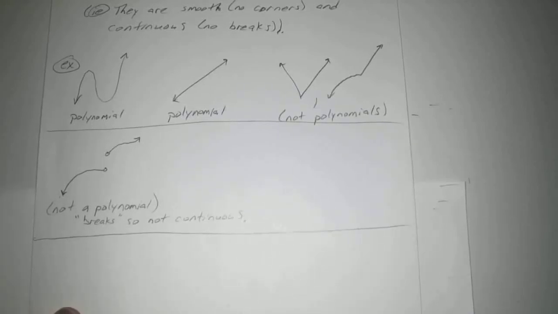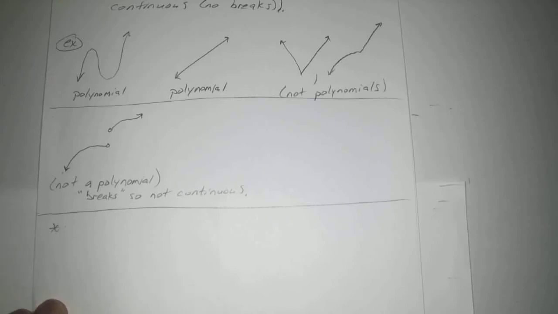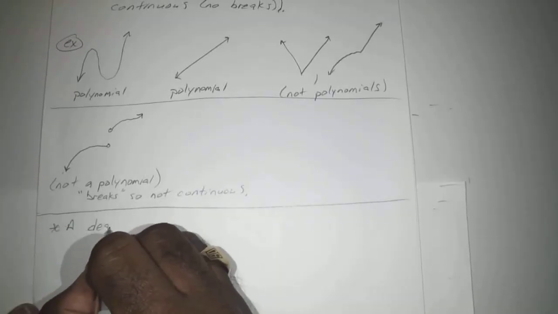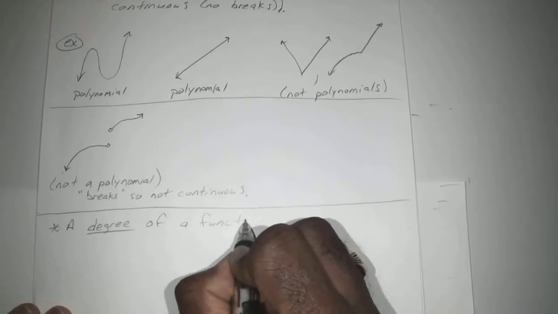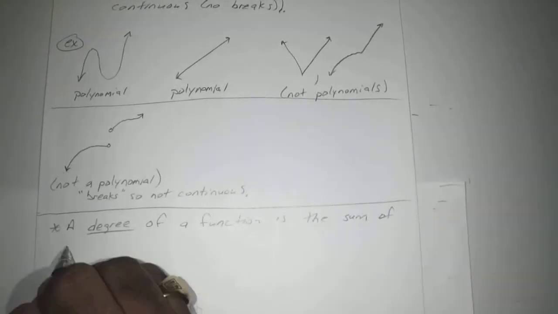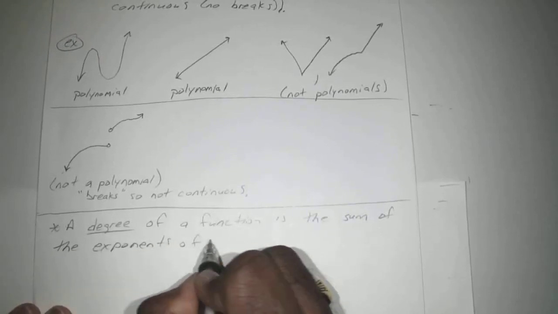And if you remember the degree of a function, you might remember this from one of those classes, but in case you didn't go over it, the degree of a function is the sum of the exponents of a term.